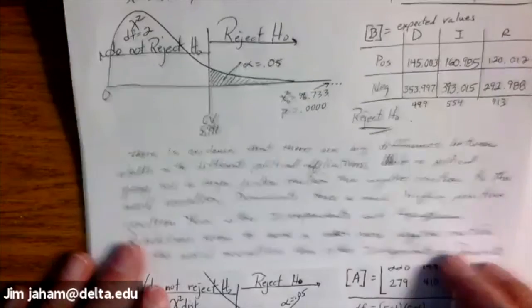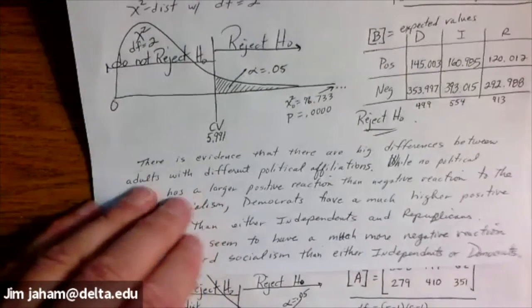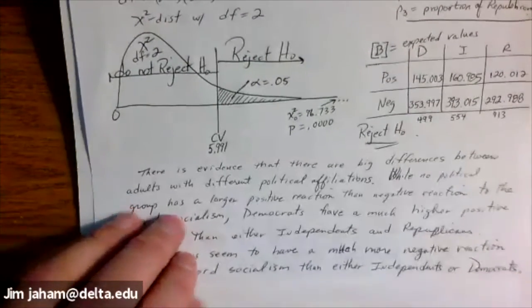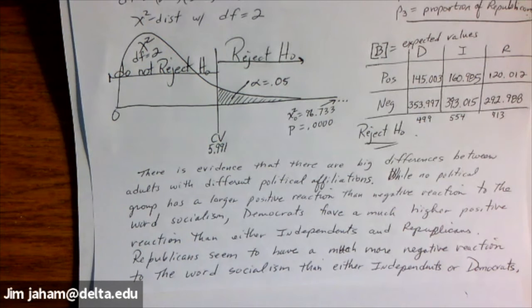And here's one way of writing the conclusion. So we rejected the null hypothesis. So we rejected that all the proportions were the same, that all 3 groups reacted to the word socialism at the same rate.